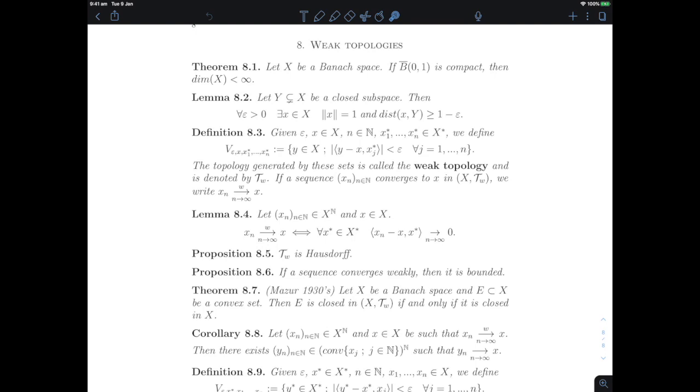So let's say you can always find vectors of norm 1 at a distance 1/2 of the subspace. That wouldn't be good enough in all applications, but that's certainly going to be good enough for many purposes, including proving theorem 8.1. So let's start with the proof of lemma 8.2.